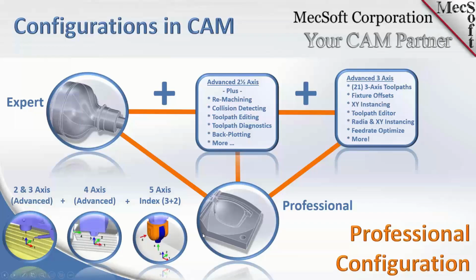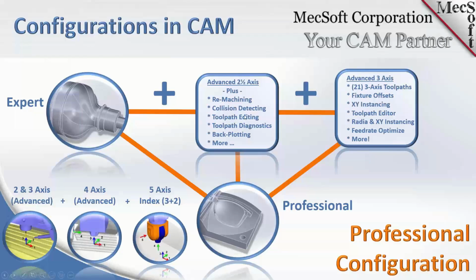Okay. Again, we're looking at Professional. So if we go to the top and we look to the right, you have everything that's in the Expert, which again is everything that's in the Express and everything that's in the Standard. But you also get some advanced 2-axis operation types, such as remachining in 2-axis and collision detecting.